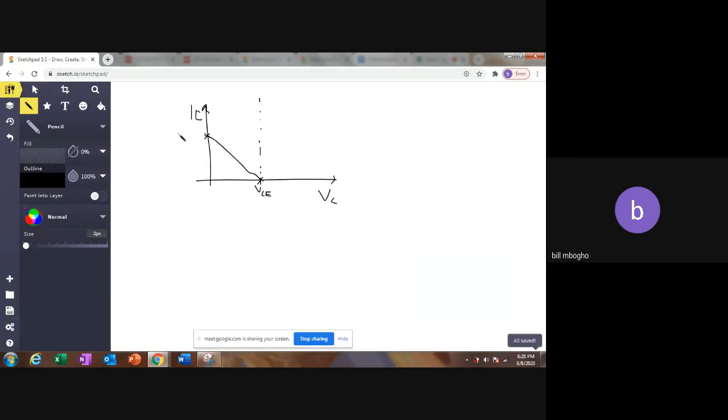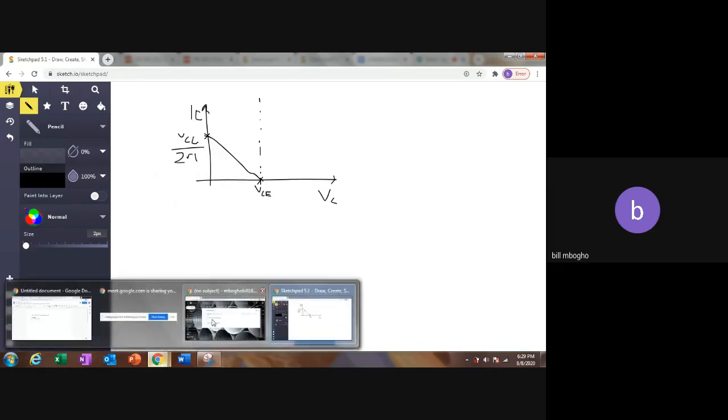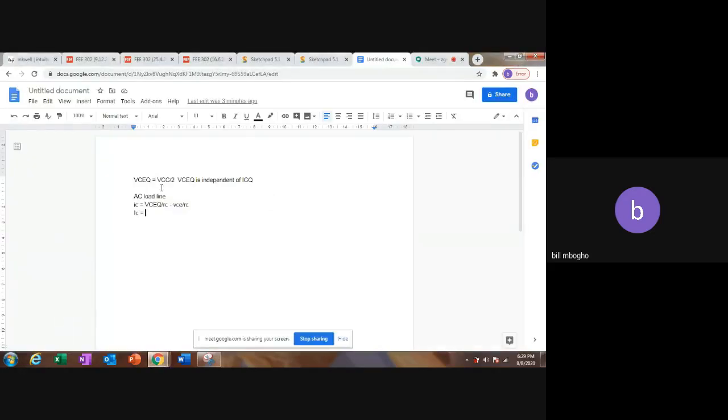Now this point here, VCC over 2RL, is what we call the saturation current.